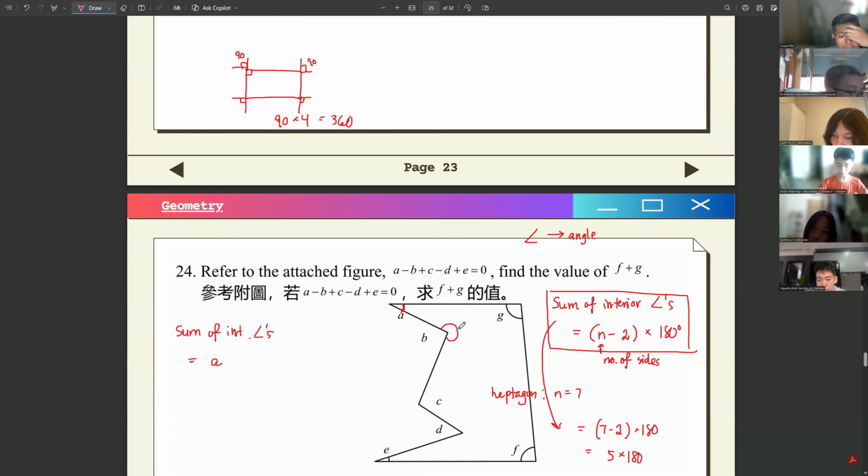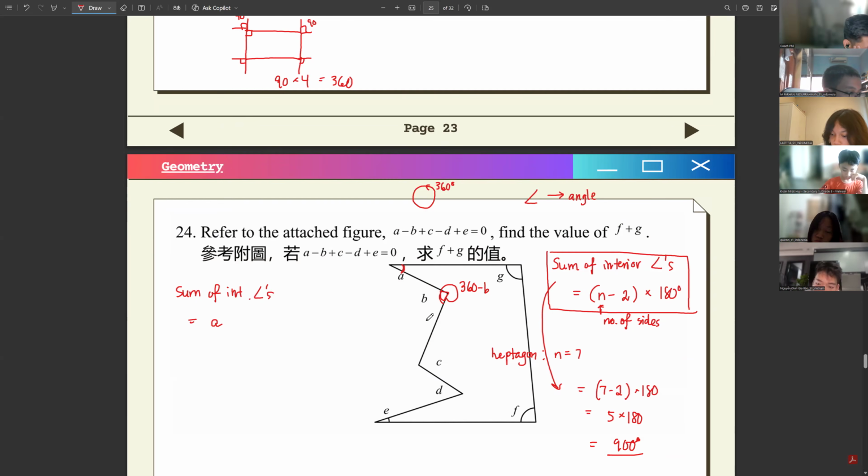If this is angle B, what is this? This is 360 minus B, right? Because when you have a full circle, that's 360 degrees. Meaning, if you cut the circle into two parts, this angle right here is B. This other angle is 360 minus B. That makes sense? Okay.